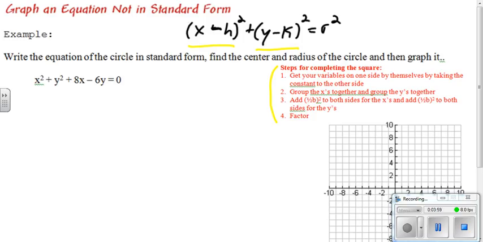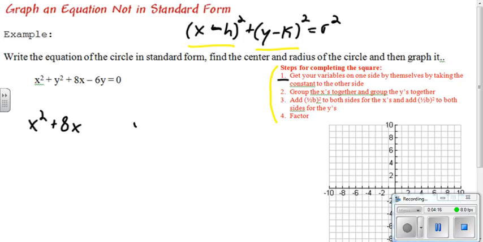So we're done with step 1, which was just get the constants on the other side, and the variables on the left side. Now we just group the x's together and group the y's together. So x squared plus 8x is one piece.